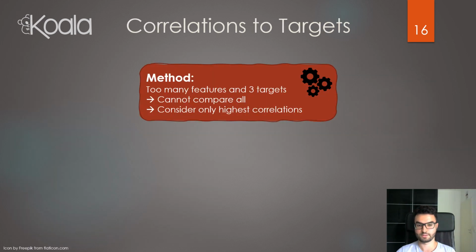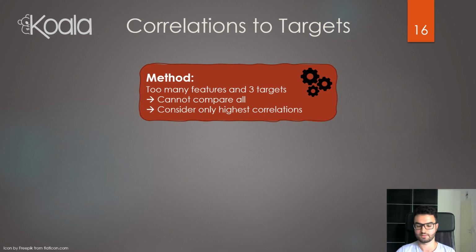One very simple thing to investigate is how strong is the link between all of these features and our 3 target variables, so the difficulty of the content, so easy or hard, as well as the subjective ratings, subjective cognitive load, and subjective difficulty. However, we have very many features and 3 targets, so we cannot really look at all correlations.